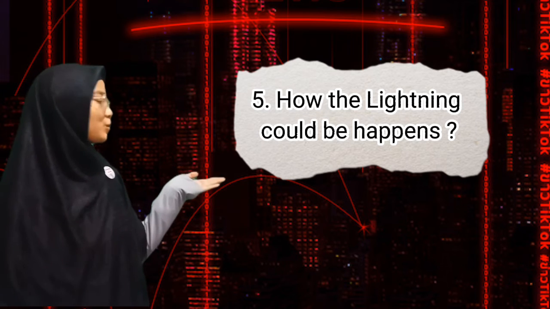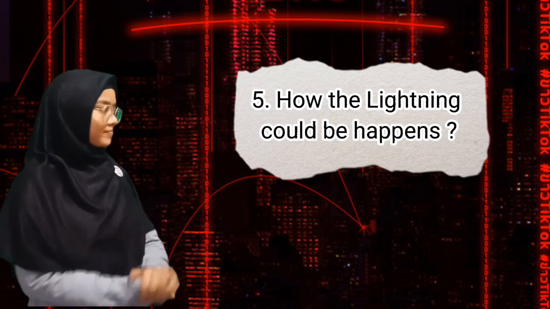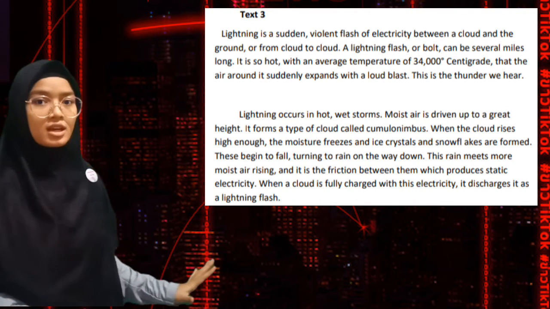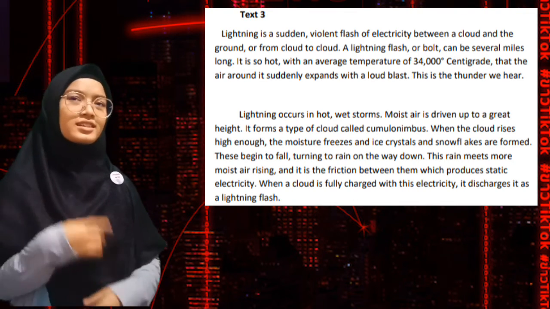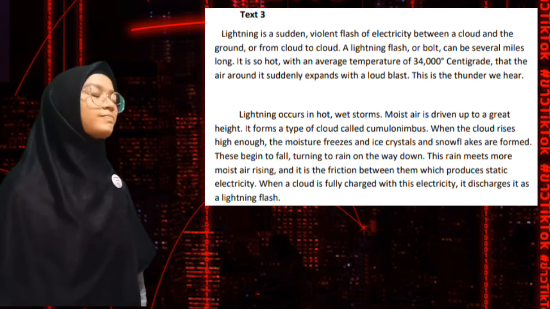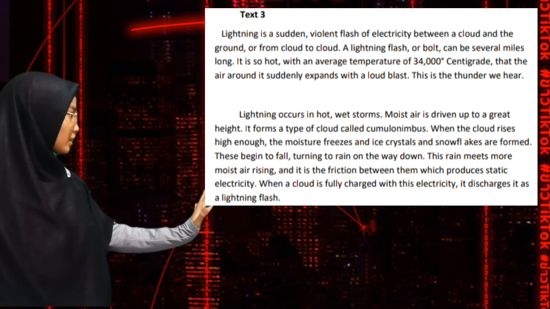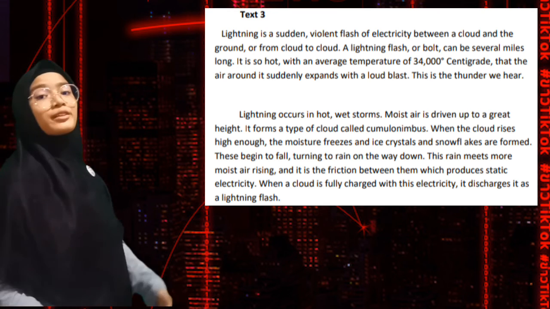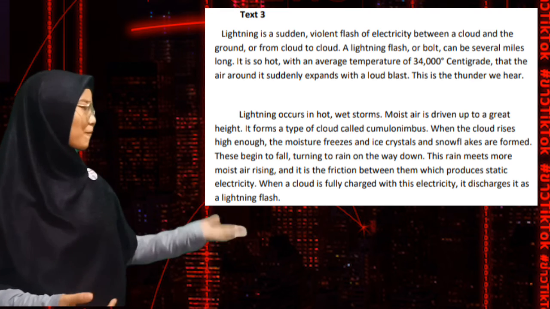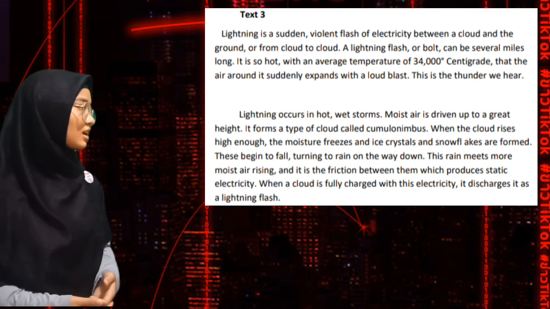Let's move to the next and last question. How could lightning happen? We can find the answer by reading all the text. But there is a better way. It's the skimming skill. Start from the first paragraph. Just read quickly. Then we know that this is not the paragraph that we need to read.